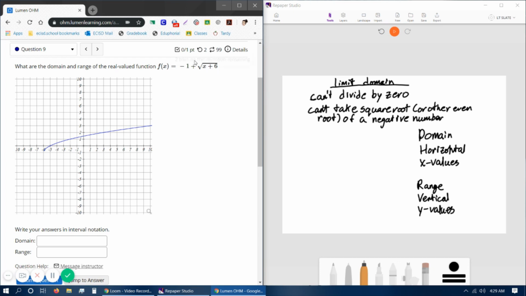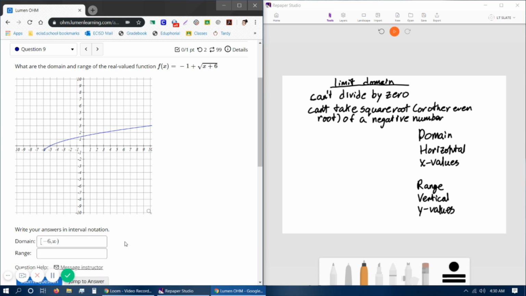Anything smaller than -6 would cause the function to take the square root of a negative number. I can also see that the right-hand side of the equation will keep extending off the edge of the graph, going up and to the right forever. This means I can enter my domain in interval notation as bracket -6, comma, infinity, close parentheses.